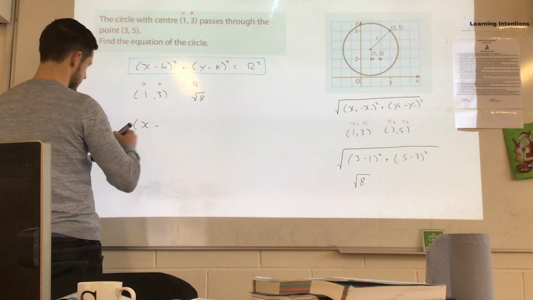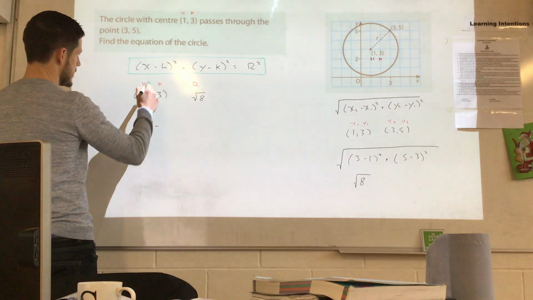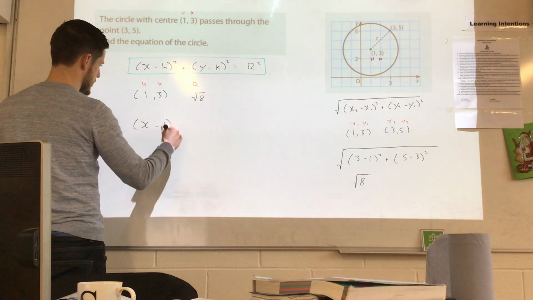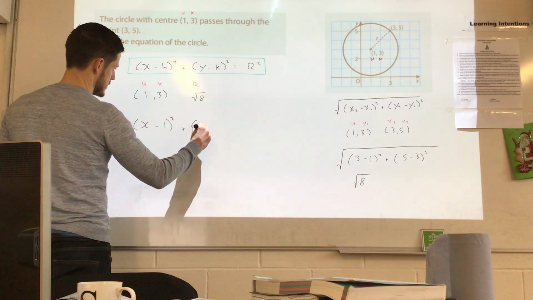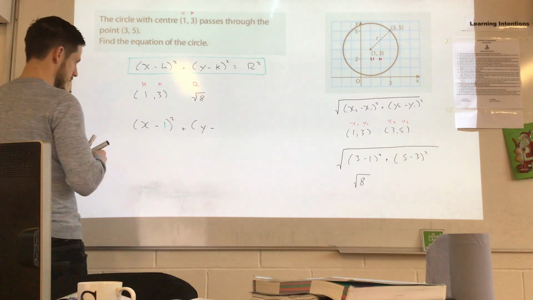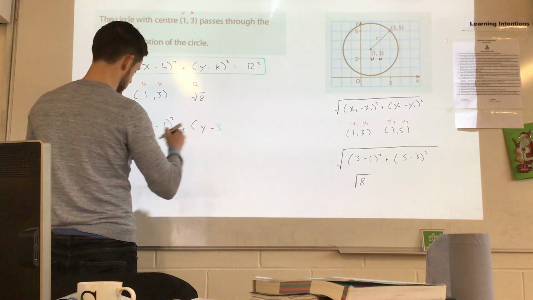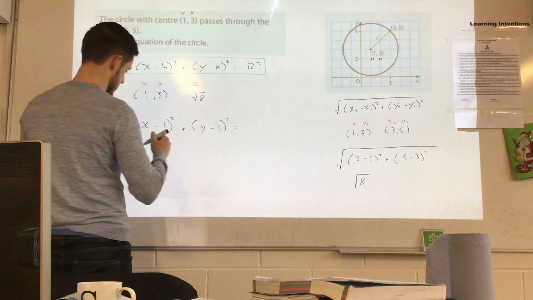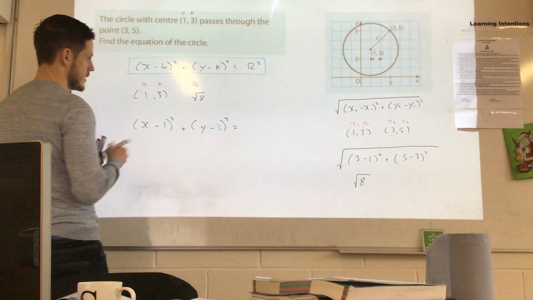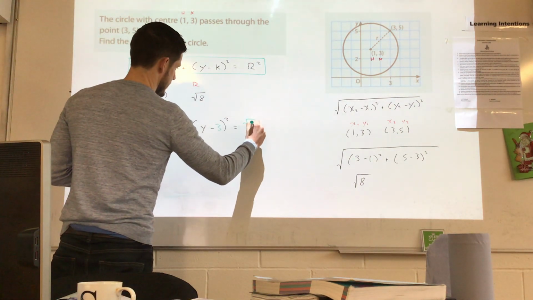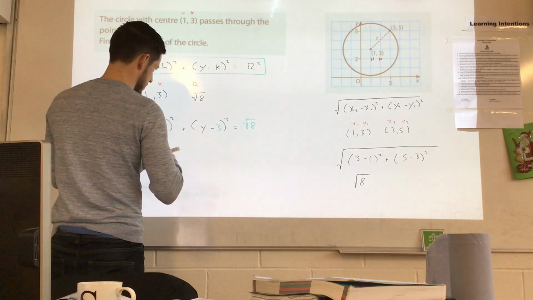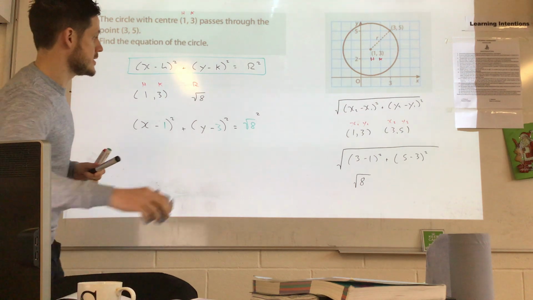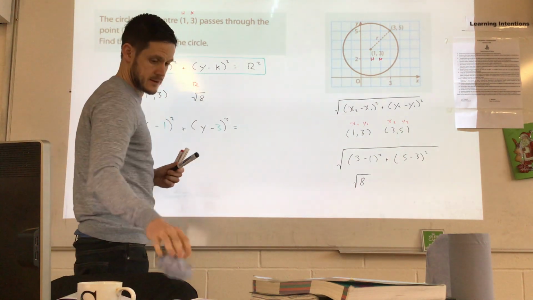I have x minus, I'm going to sub in 1 for h, so I go 1 there, all to be squared, plus y minus 3 all to be squared is equal to r squared, which is the square root of 8 all to be squared, and the square root of 8 all to be squared you can actually change to 8.